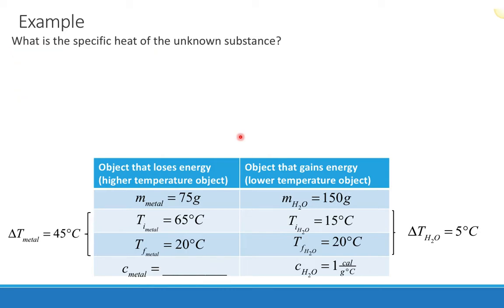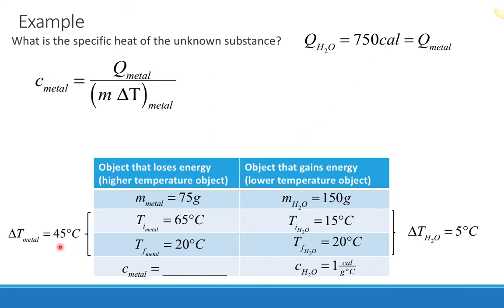We now want to know what is the specific heat capacity of the unknown substance. So we want to figure out what is this value for this metal here. We know the heat that was lost by the metal is 750 calories. We know its mass, we know its change in temperature, so we can determine the specific heat capacity of the metal by taking the energy that was lost, transferred, divided by the mass and the change in temperature.